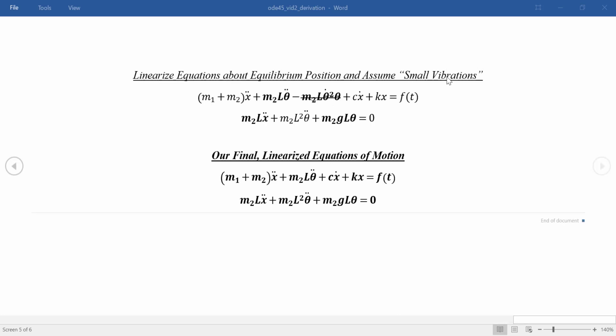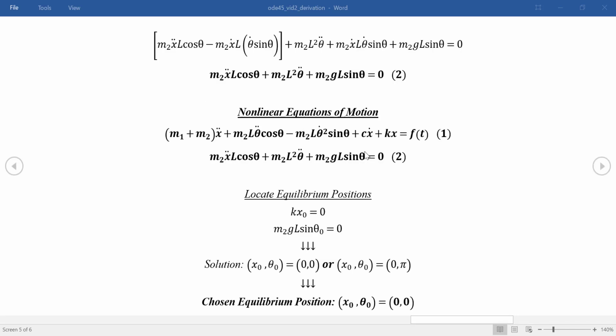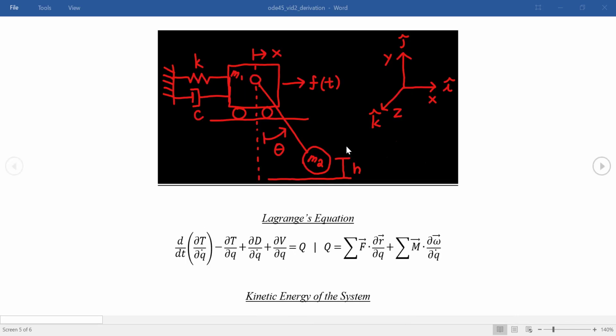Now, another important thing is this assumption about small vibrations or small oscillations. What this means is we're not assuming that these are moving wildly out of place. This mass 2 is not swinging over huge angles, right? We're assuming that it's swinging just ever so slightly. We just see these small vibrations in theta, and small vibrations in x.